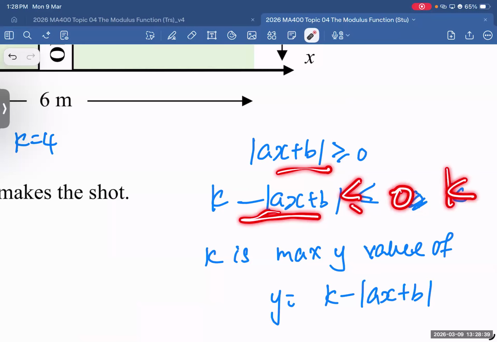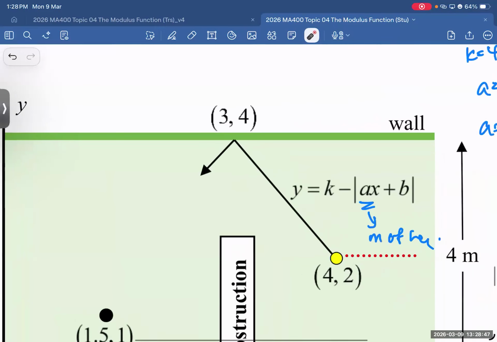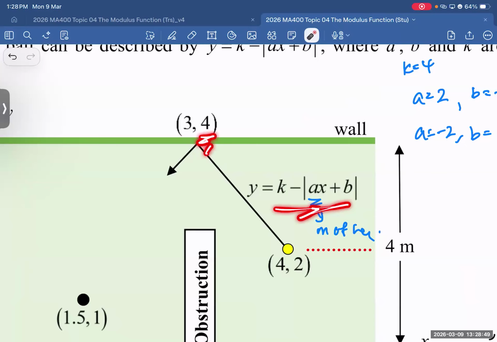So if I add K to a negative modulus, the maximum is going to be K. And what is K here? You see this graph, the maximum Y value is 4. That's why K is equal to 4, just by observation.